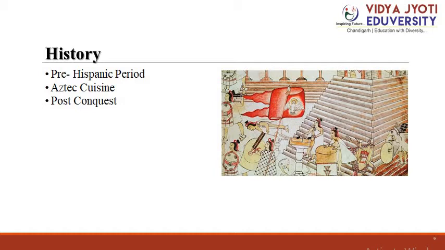By 200 BC, corn was domesticated and a process called nixtamalization, or treatment with lye, was developed to soften corn for grinding and improve its nutritional value. This allowed the creation of tortillas and other kinds of flatbreads.